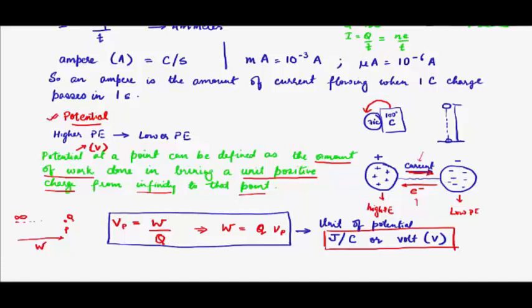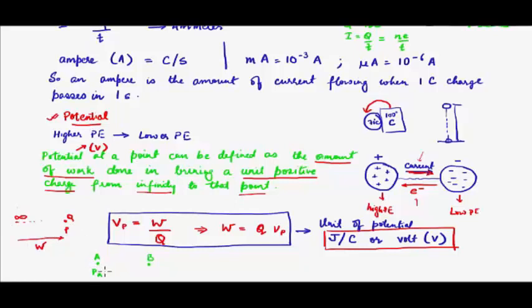Suppose we have a point here which is A and we have a point here which is B, right? So this point will have a potential of PA, which is calculated similar to this calculation. We bring it from infinity to the point A and take how much work is done per unit charge.